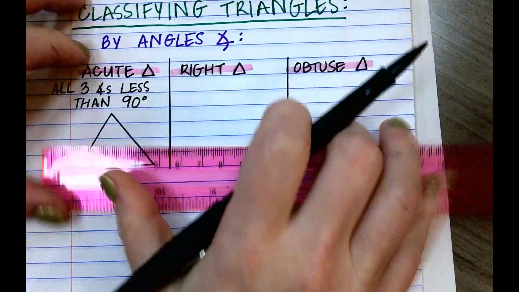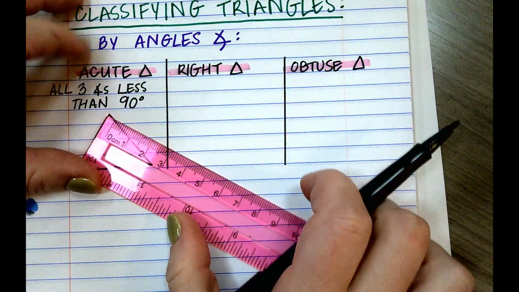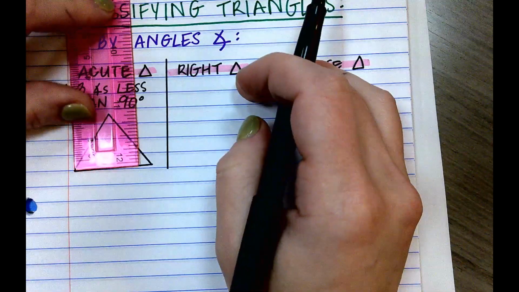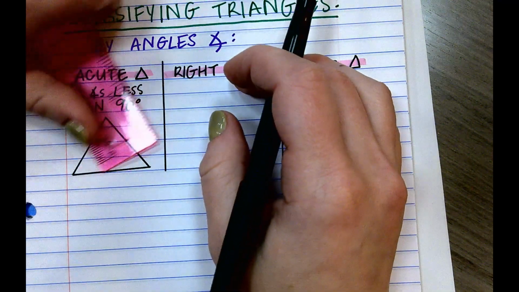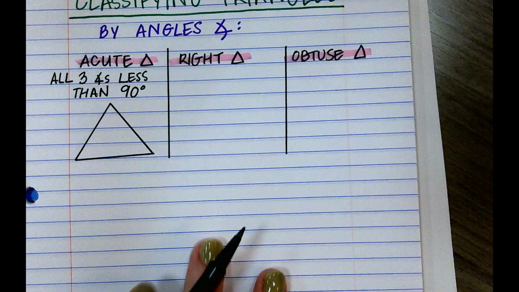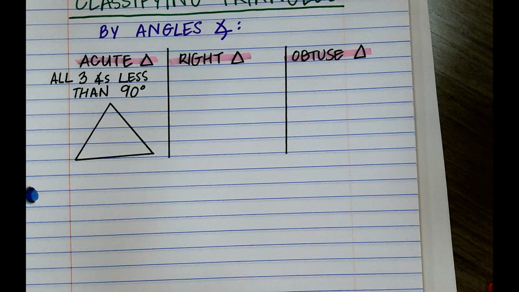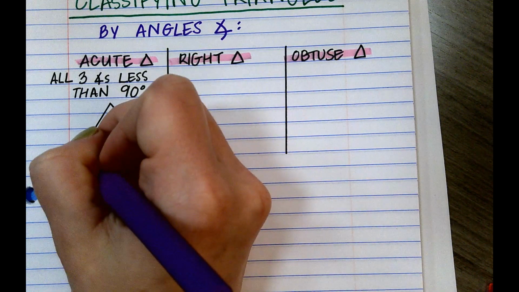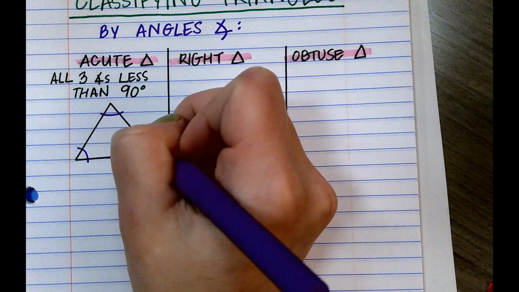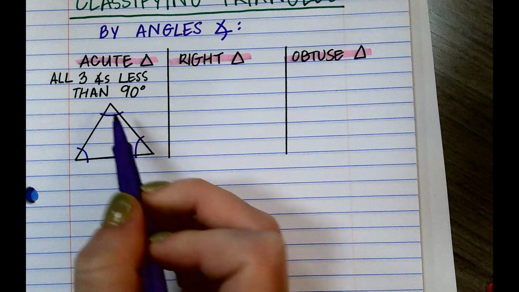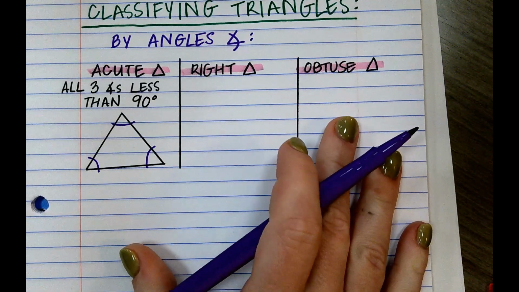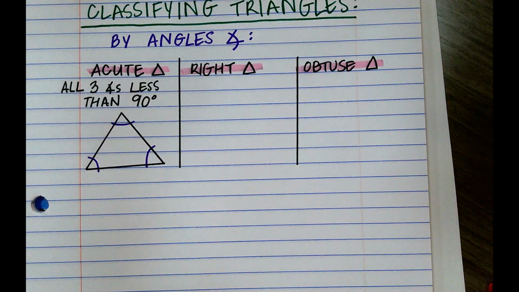If I line it up with all of these, that's less than 90. That one's less than 90. We're good. So we will mark these with our little angle marks to show that all 3 are acute angles. All 3 angles are less than 90.